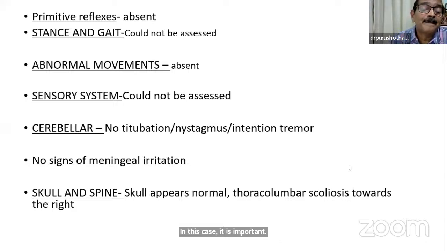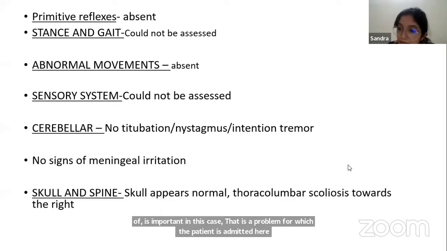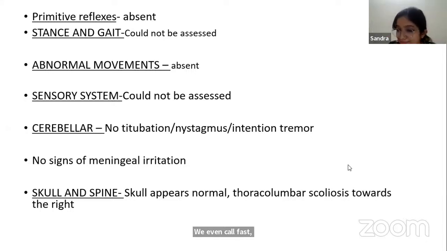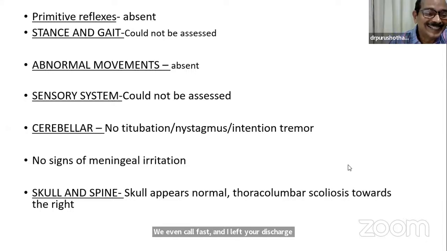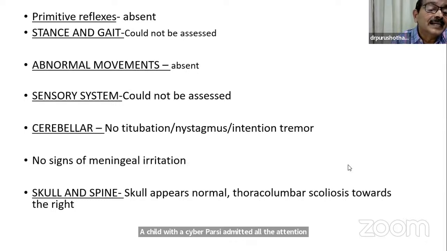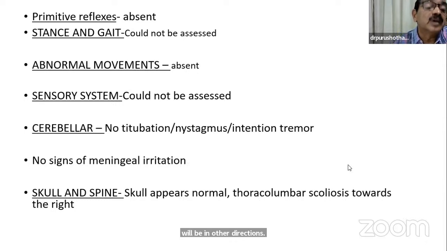What is the problem for which the patient was admitted here? Pneumonia. But it wasn't the only problem: fever, cough, fast breathing, and a left ear discharge. When there is a purulent ear discharge, that's very important. With a child with cerebral palsy admitted, all your attention will be in other directions, and there may be treatable entities which are missed.